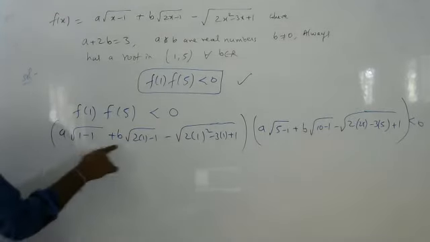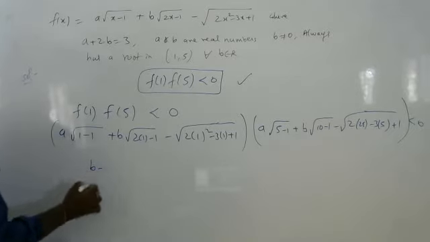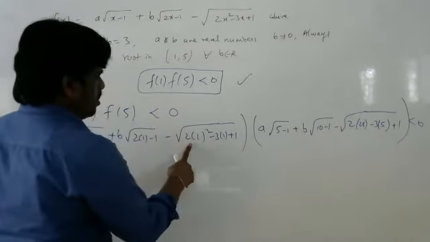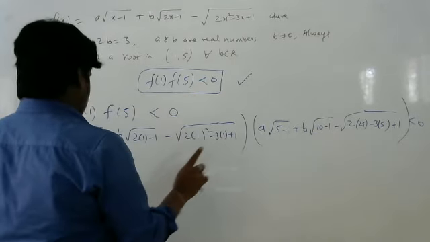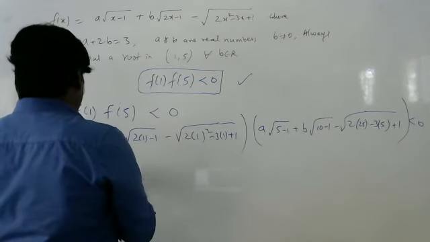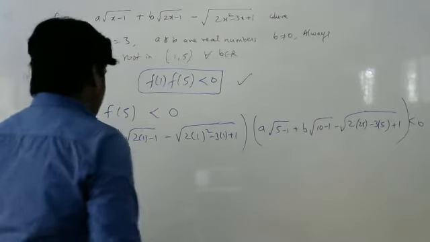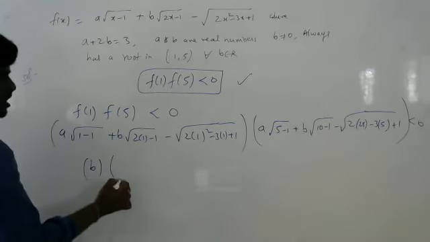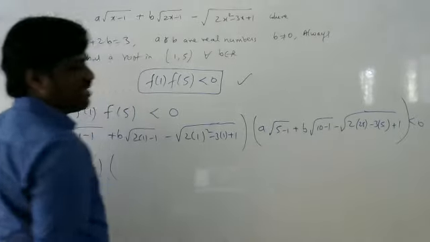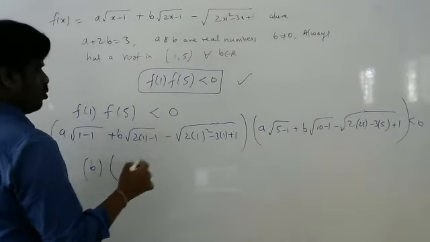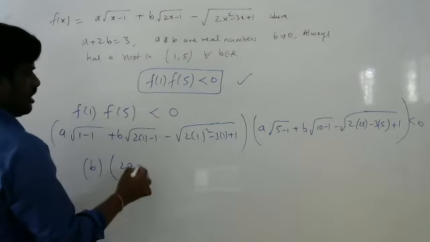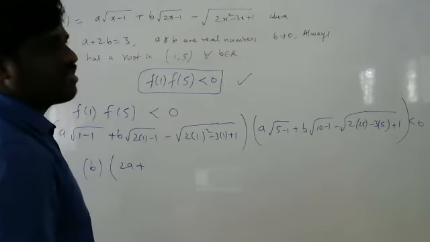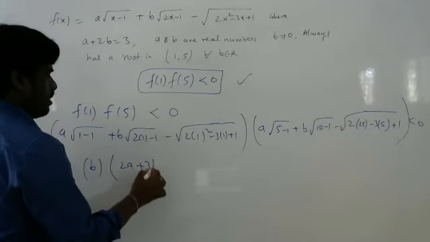So this became 0, and this became b. b minus this, how much? 3 minus 3, 0. Okay, so this whole thing became b. Now inside, if I solve here, 5 minus 1 is 4, square root of 4 is 2, so 2a plus 10 minus 1, 9, square root is 3b.